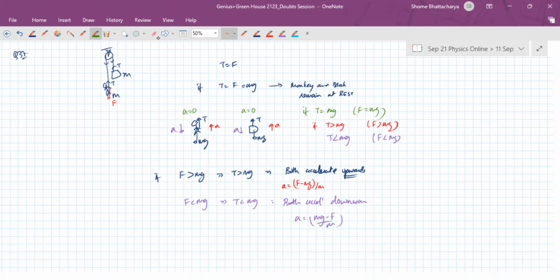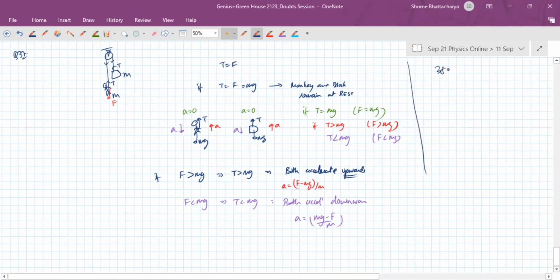The 38th is also a very similar type of problem. I'll just give you some idea about the free body diagram. In 38, what is happening is you have one rope.